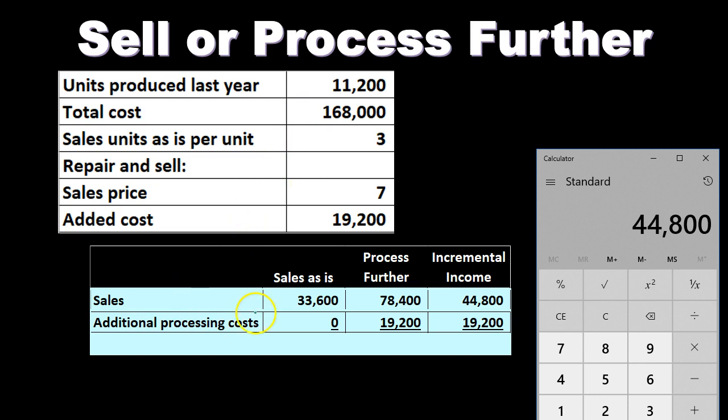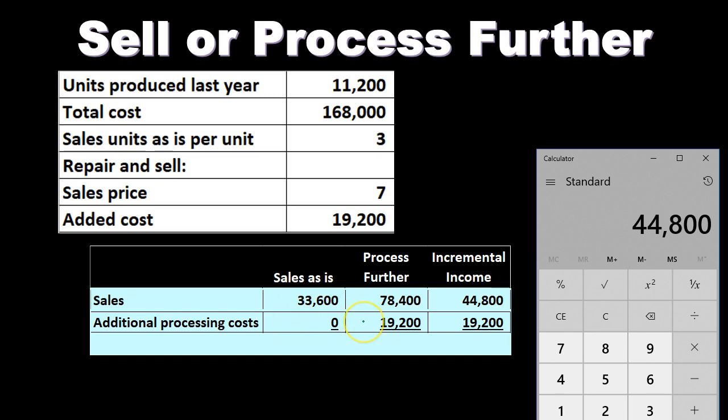And therefore, from this point forward, the relevant costs between these alternative decisions, the sale as is has no more costs. Doesn't mean it didn't have any costs up to this point, up to the 11,200 units if they were coffee beans to make the coffee beans. But it just means that at this point in time, the cutoff where we're making this decision as of, that it's not a relevant decision-making process between these two alternatives.